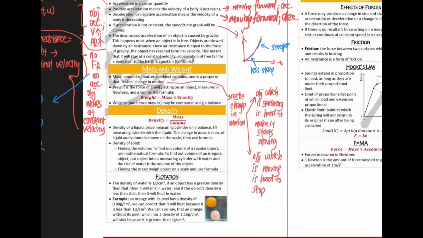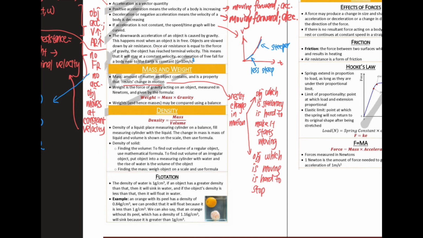So imagine the elephant is running because the elephant saw a rat. When the elephant is running, you want to make it stop. You use your hand to hold the elephant. I don't think it works. It is very hard to make it stop. So that is the mass which affects the change in motion.